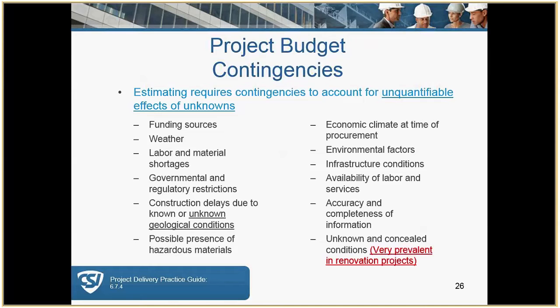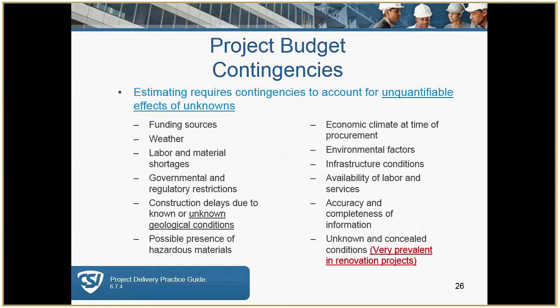If you look in your guide, there are some recommendations in 6.74 for percentages that I cannot recall if they're actually going to test you on, but what you want to note about 6.74 is that early in the project, the contingency is going to be higher at project conception.